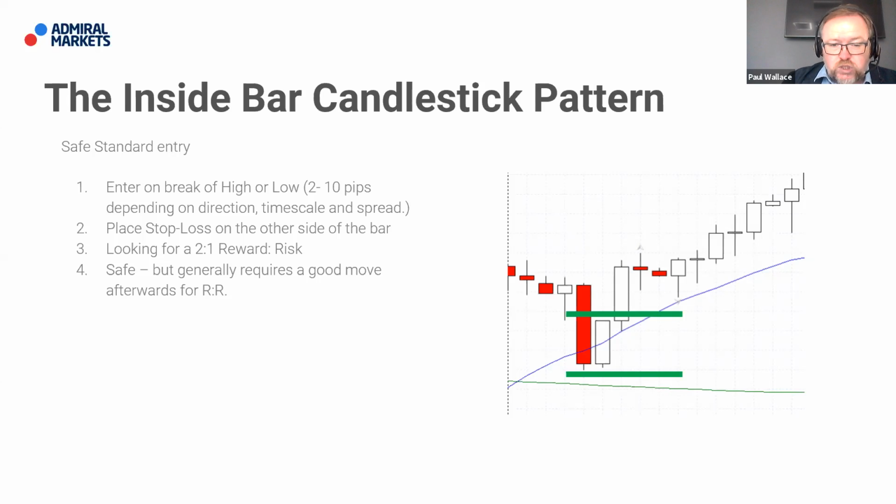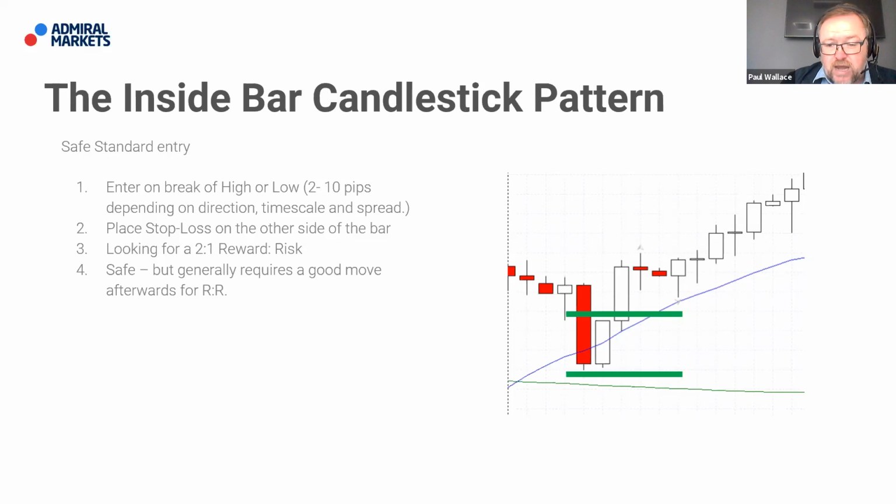The stop loss would be on the other side of the bar. And ideally, we're looking for a reward to risk of about 2 to 1. It's the safe standard entry, but it normally requires a good move to achieve that reward to risk. But that's what we're particularly looking for.